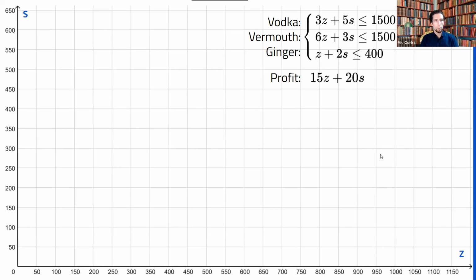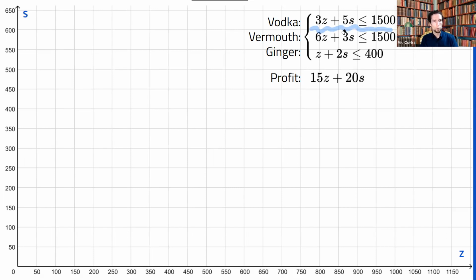So let's start with the first one, vodka. What are the X and Y intercepts going to be for this? 500. 500 for Z and for S? 300. Okay.